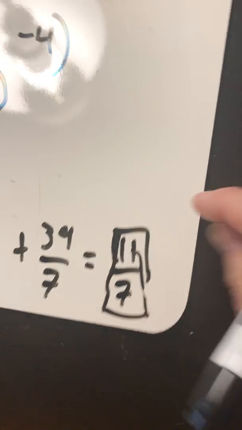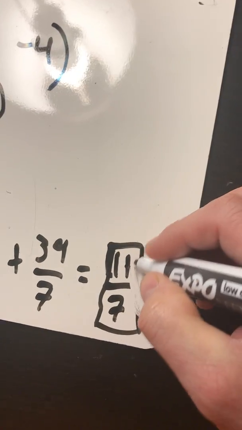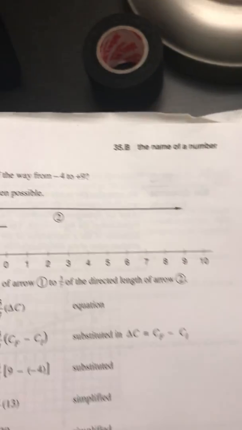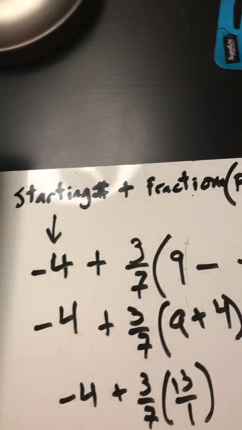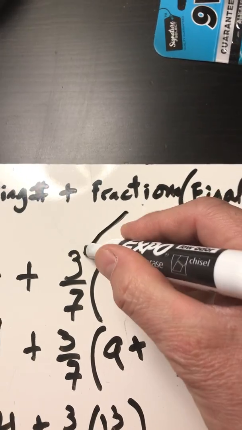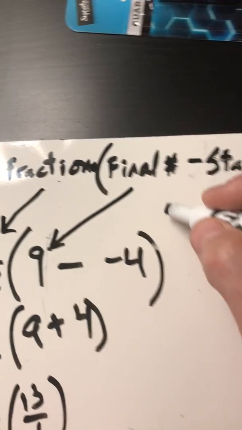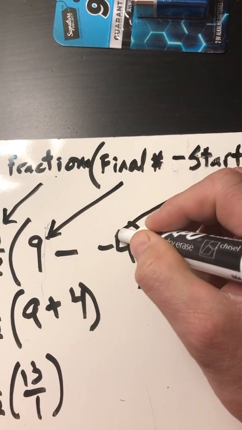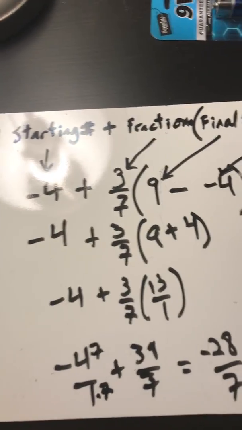Sorry, trying to box that answer while this board keeps spinning. So your answer is 11/7. Okay? And they explain all this on page 251. But this is the equation. Your starting number plus the fraction times, in parentheses, your final end-up number minus your starting number. That's it. That's all you need to know for that one.